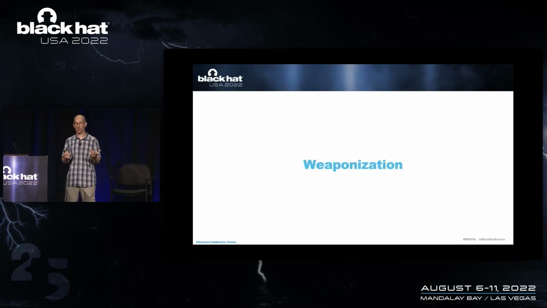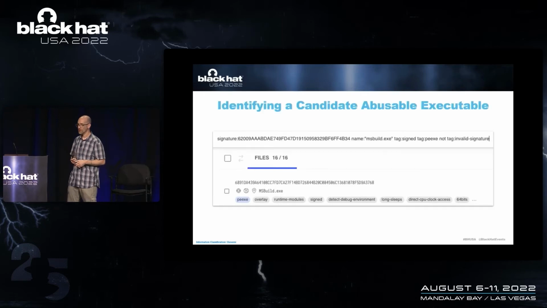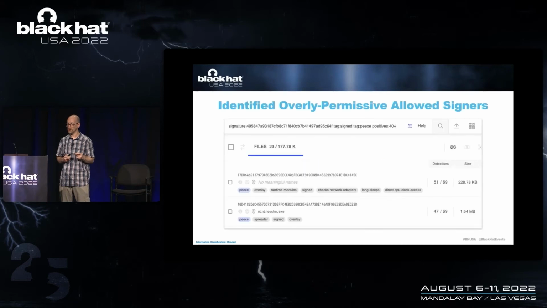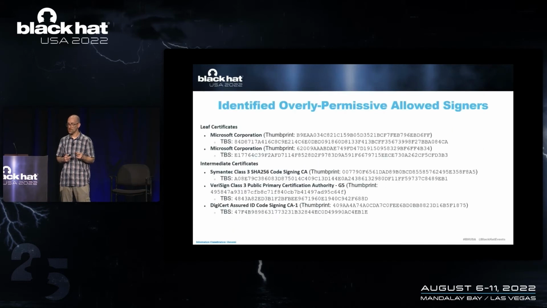Okay, so how would you actually weaponize this? You'll want to identify a candidate abusable executable. Note the thumbprint value here, that's 620. That corresponds to the second Microsoft certificate there.